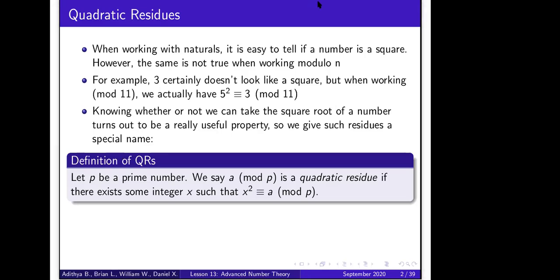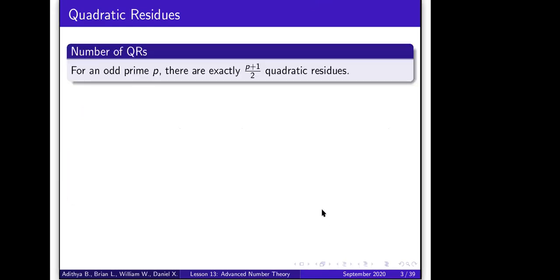Okay, great. So the first thing we're going to do is prove some interesting properties of quadratic residues. First, we'll prove that the number of quadratic residues mod p is exactly (p+1)/2. Does anybody have any ideas on how to do this?